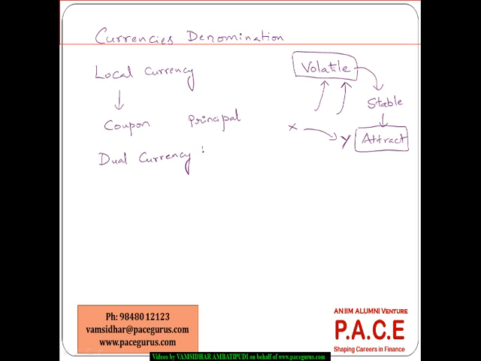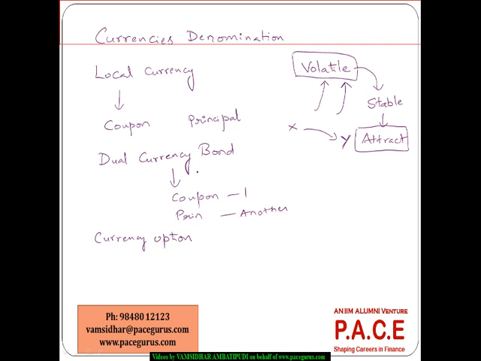So there could be a dual currency bond where coupon can be paid in one currency and the principal repayment can happen in another. Or we can talk about bonds like a currency option bond. So as the word itself says, the investor will have an option in terms of deciding in which currency he wants his coupon and his principal.